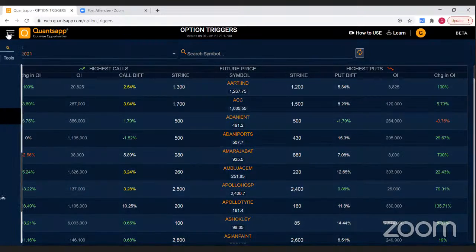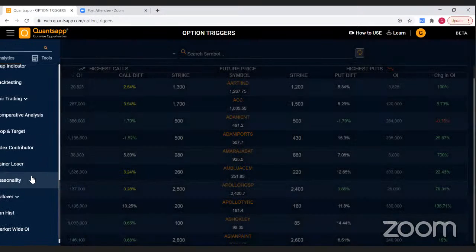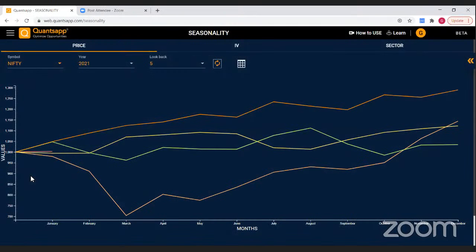Now we'll move to the last topic for the day, that is seasonality. We have started the new year, the new beginning, and we should look into how the trends happened in previous years in a particular stock, index or sector, and how the IV was in different periods of time.